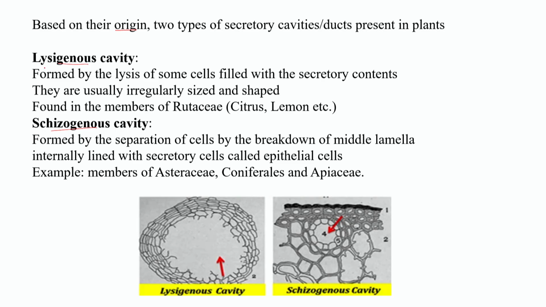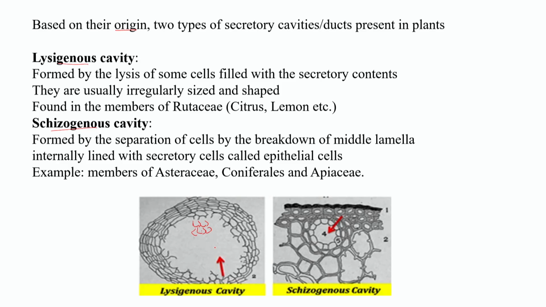Lysigenous is related with lysis. Some of the cells which are filled with secretory content are lysed out, and they form a cavity-like structure. You can see here that many of the cells which were containing a lot of secretions all broke and lysed and formed a single cavity.